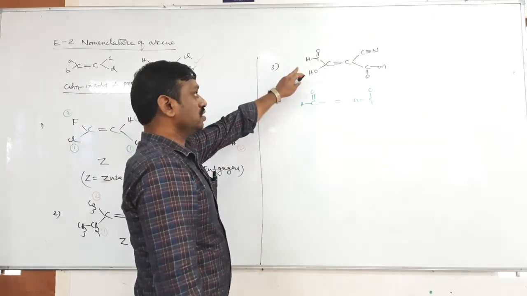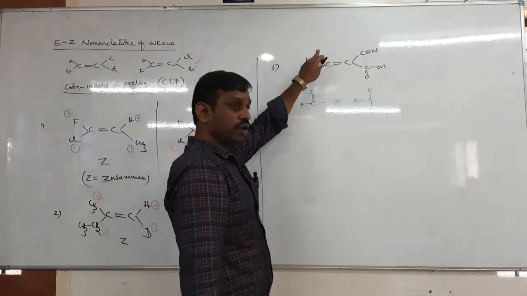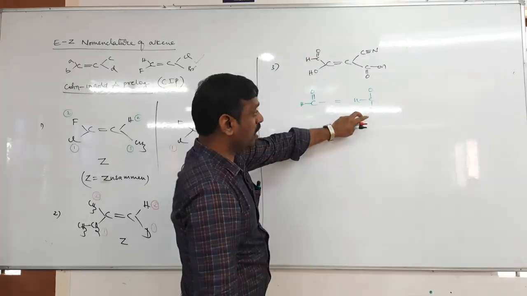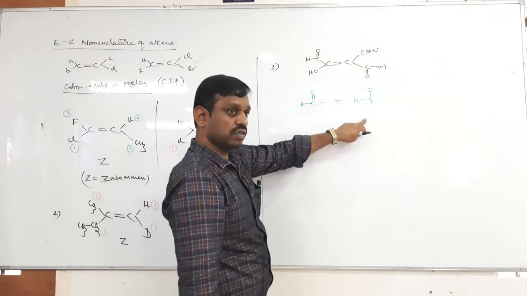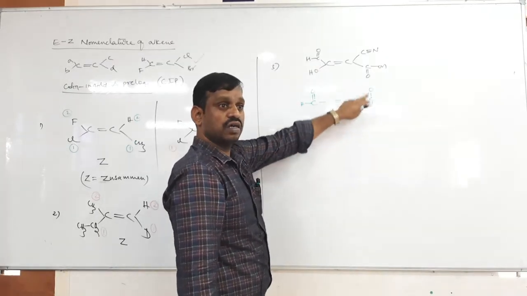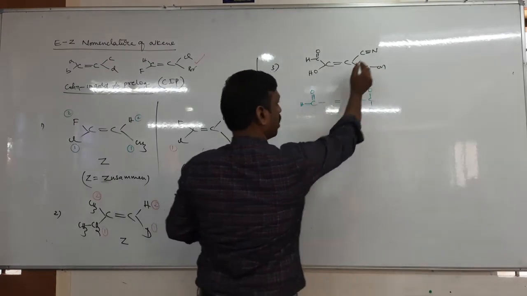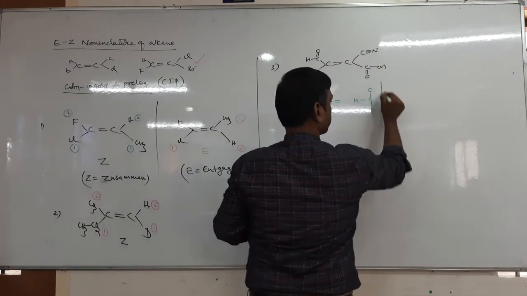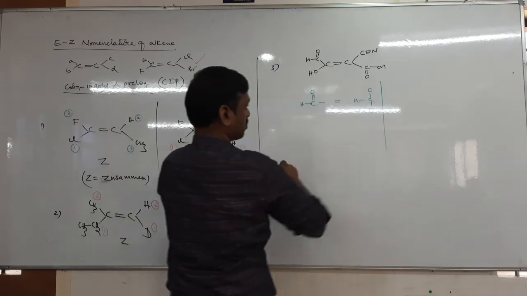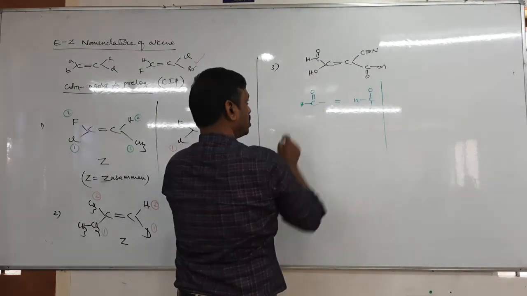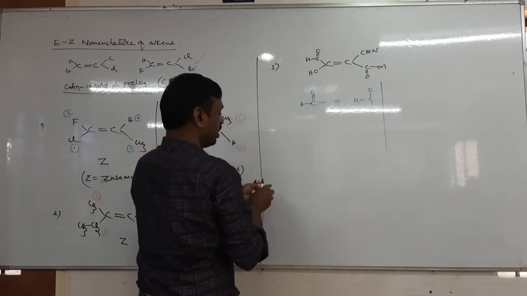If a molecule has doubly bonded atoms or triply bonded atoms, you can consider two such atoms as the same, or three if it is triple bonded. Now, C double bond O means O, O. Now give the priority.